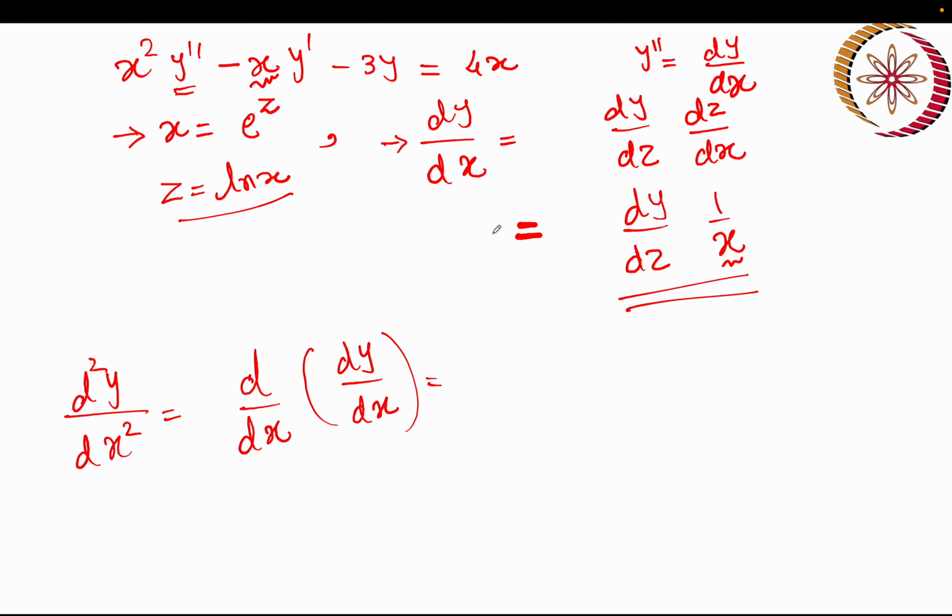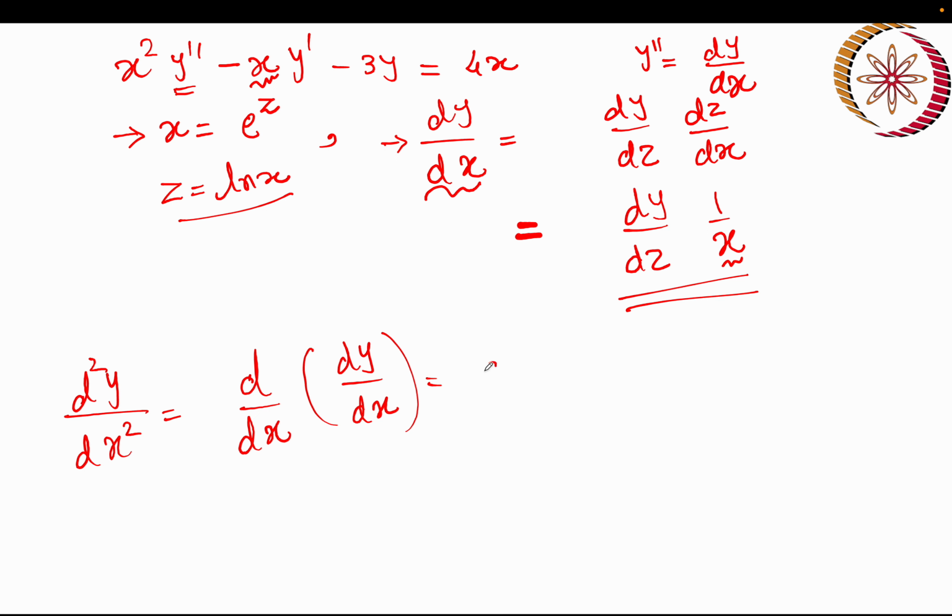Okay, so what we are up to is this, which we already have. So what we can do is dz, dy by dx, and dz by dx. dz by dx is already 1 upon x, so we can write that directly, and now we will differentiate the dy by dx with respect to dz.